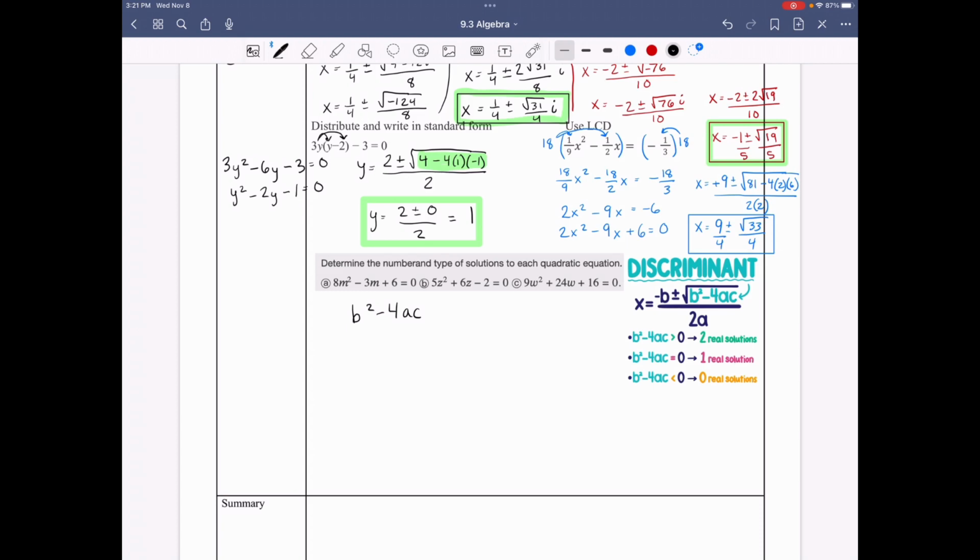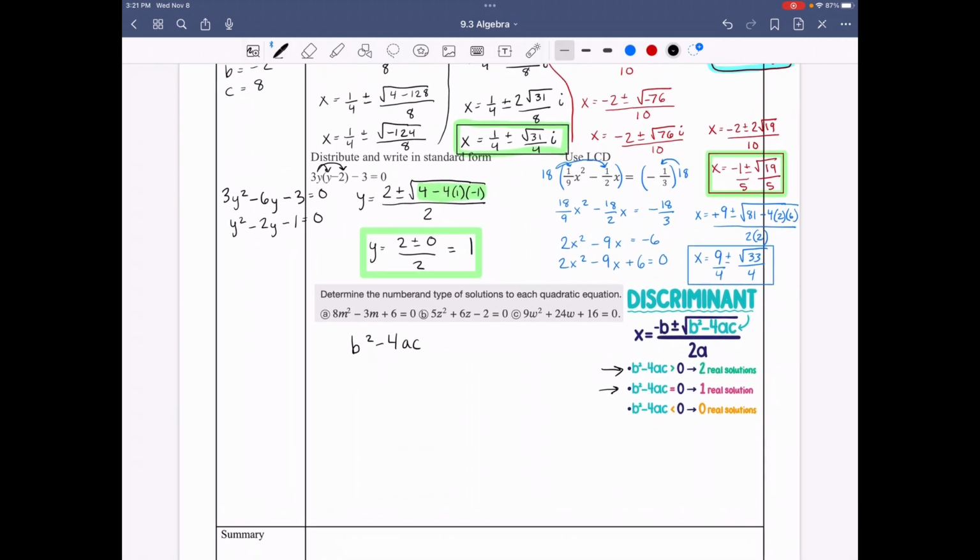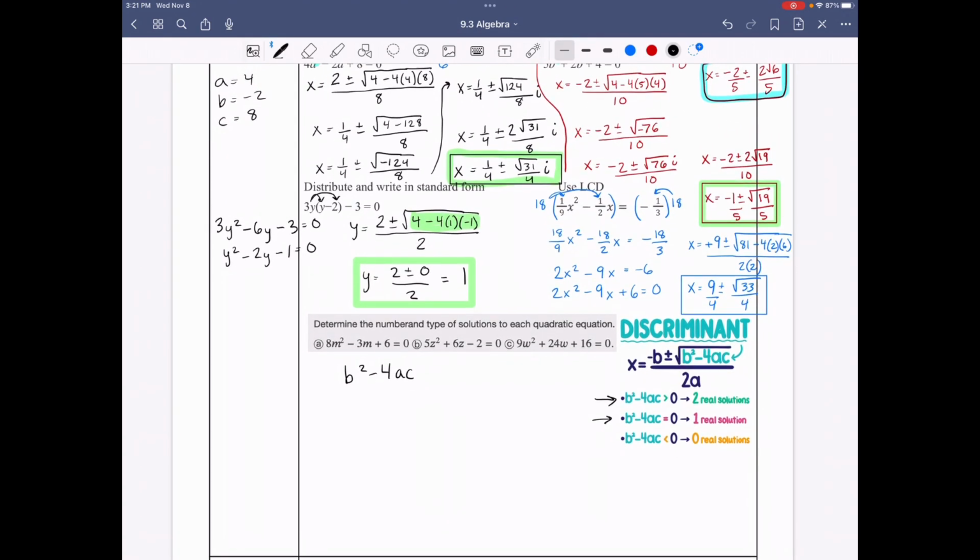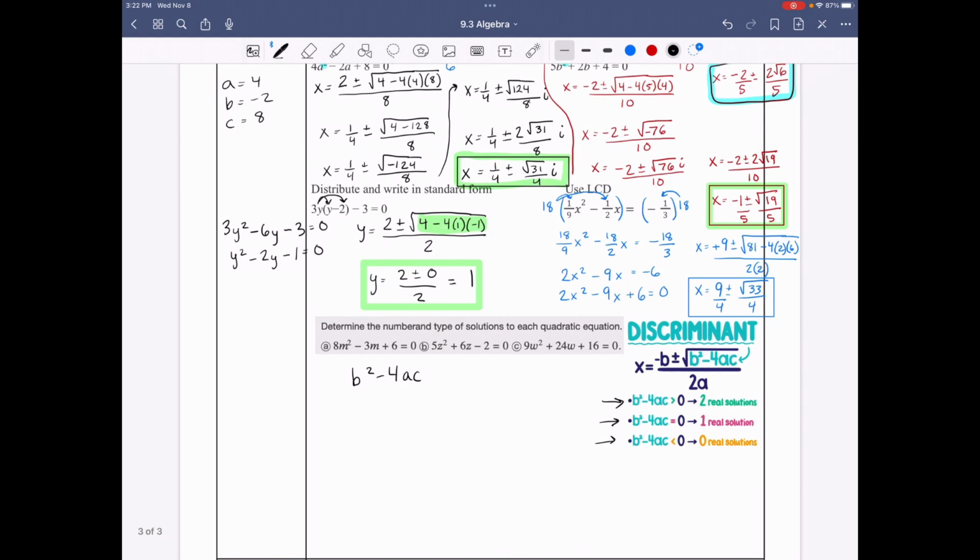And if the discriminant is greater than 0, you can see this in our little graphic organizer, there are two real solutions. If it is equal to 0, there is one solution.